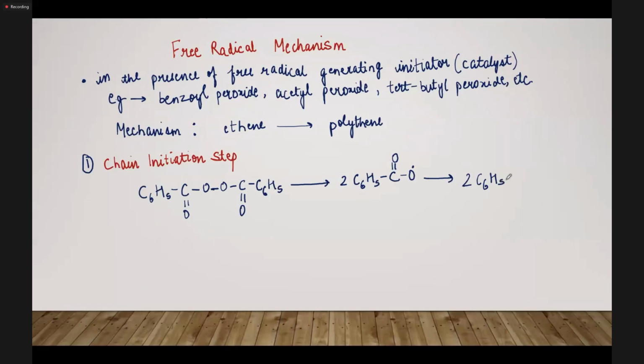So it is 2C6H5 radical यहाँ पे. ठीक है, so this dot basically represents the free radical, and CO2 is already released. ठीक है, तो ये जो होता है इसको हम बोलते हैं फिनाइल फ्री रेडिकल.